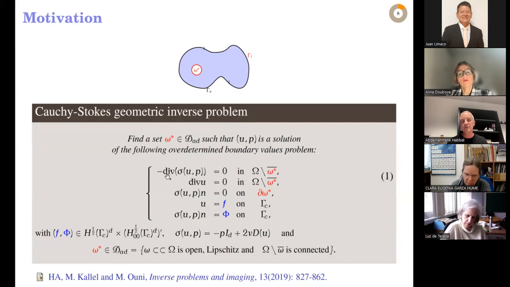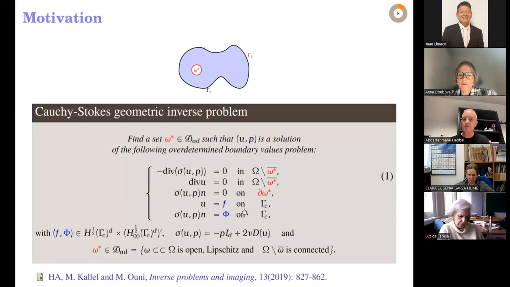We have here minus divergence of sigma. Sigma is the stress tensor, the classical fluid stress tensor, with incompressibility condition, with the boundary condition on the inclusions, and on the boundary gamma C, where we have access, we can measure the velocity, and we also can measure normal fluid stress or pressure.